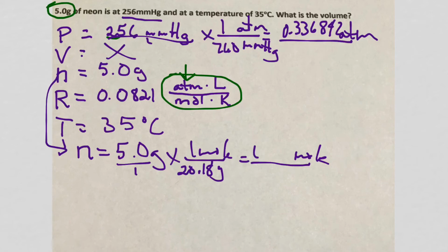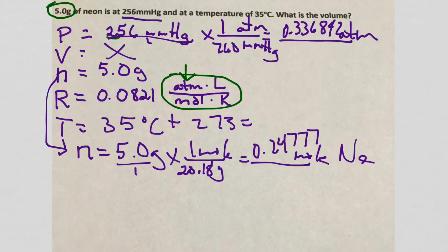And that I got to be 0.24777. And then temperature has to be in kelvins. And that I got is 308. So now everything is in the units it's supposed to be in. So now we can set up the problem.